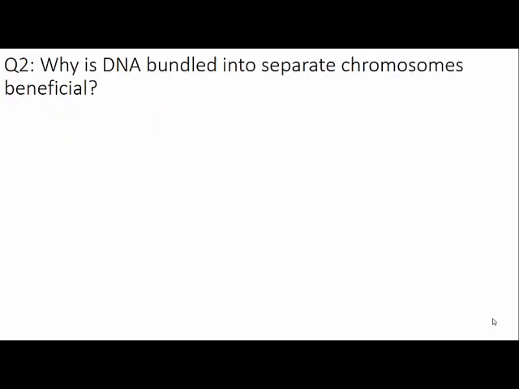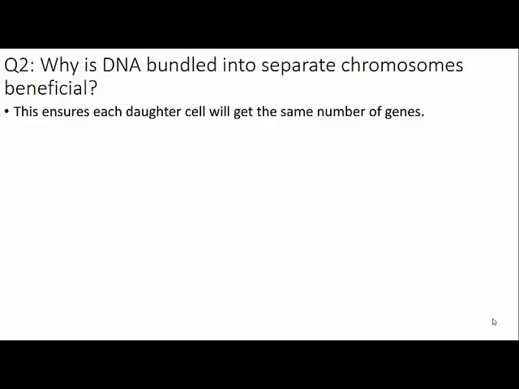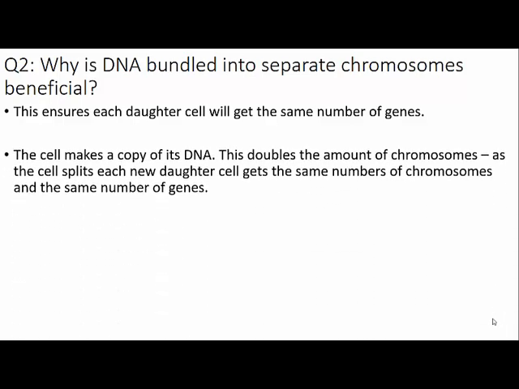Number two, why is DNA bundled into separate chromosomes? Why is it beneficial? Well, this ensures that each daughter cell will get the same number of genes. The cell makes a copy of its DNA. Now, this doubles the amount of chromosomes, and as the cell splits, each new daughter cell gets the same number of chromosomes and the same number of genes.